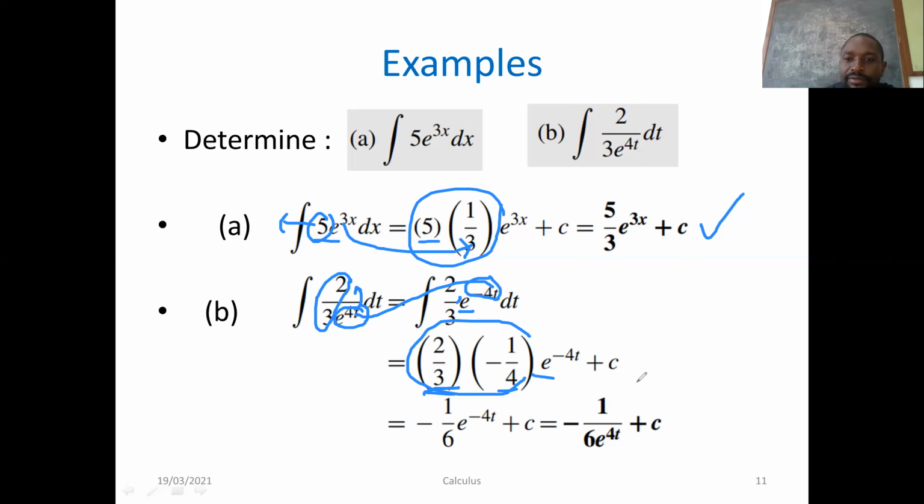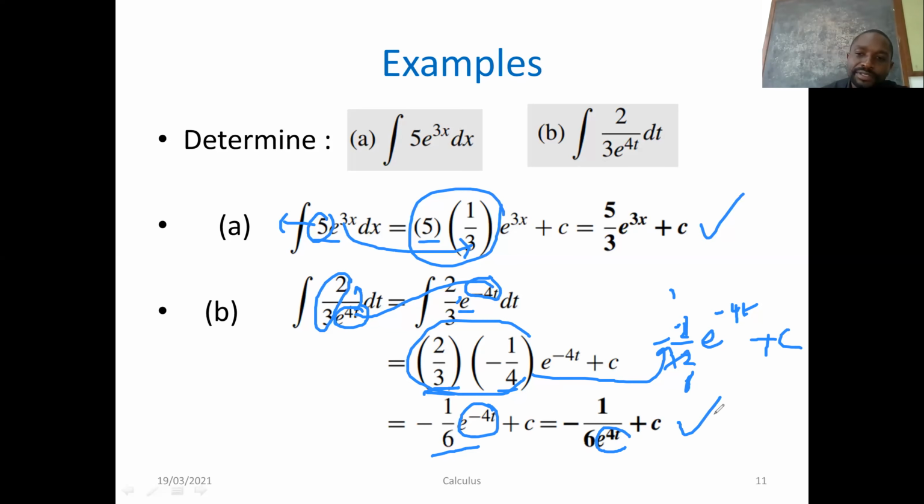Basically, initially, when you simplify this part, you're going to get minus 2 over 12 e to the power minus 4t plus a constant, which then reduces to 2 here, 1, 2 here, 6, which is basically negative 1 over 6 e to the power minus 4t plus a constant, which can also be written, to remove the negative here, as simply negative 1 over 6 e to the power 4t plus a constant as your final answer.